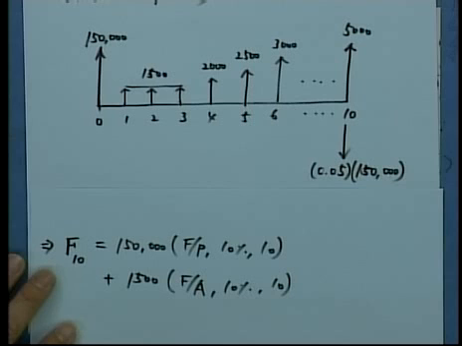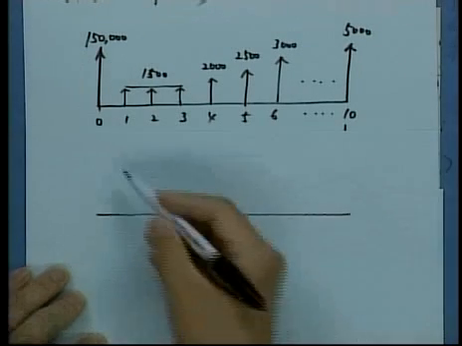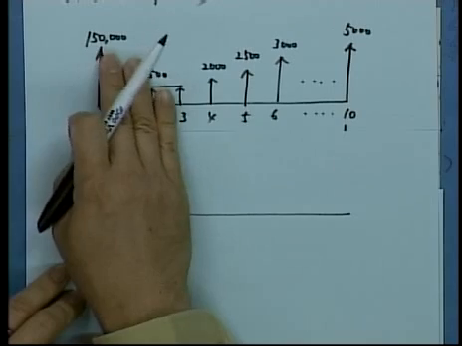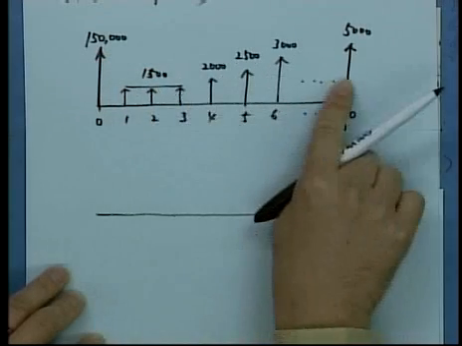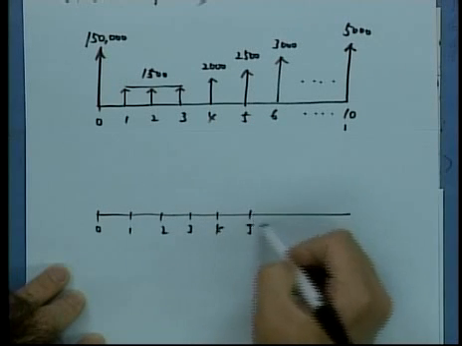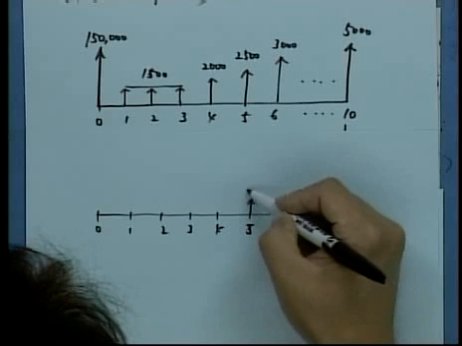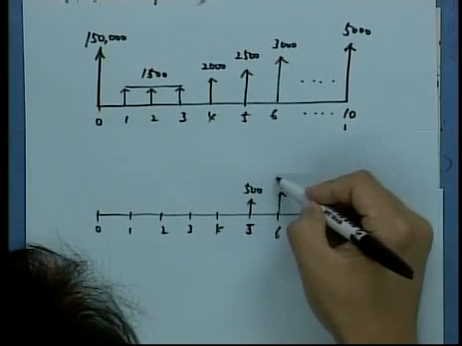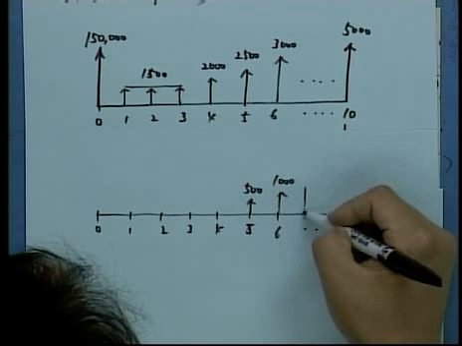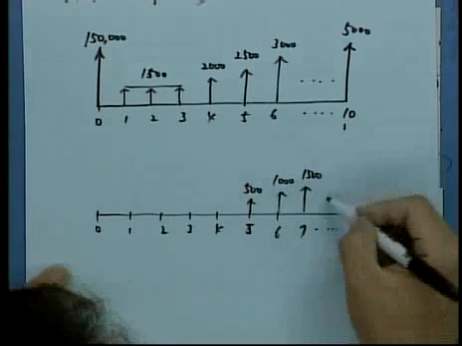And then what is left over? After you take out $150,000 and $1,500 over 10 periods, what is left over? At the end of period 5, you have 500. At the end of period 6, you have 1,000. At the end of period 7, you have 1,500, and so on.